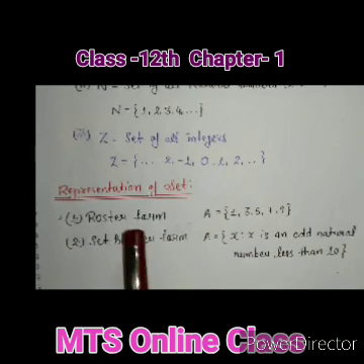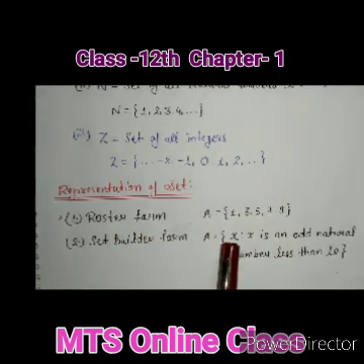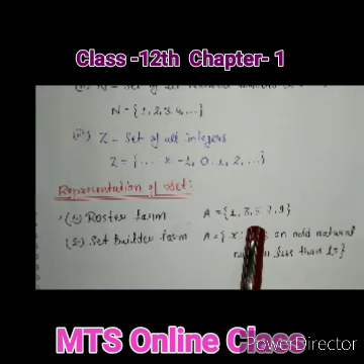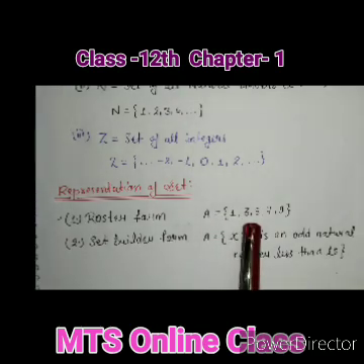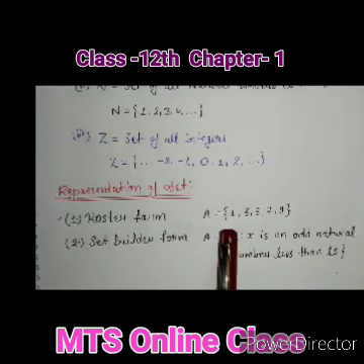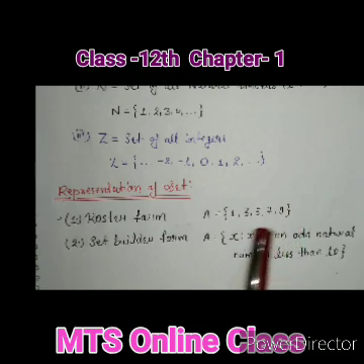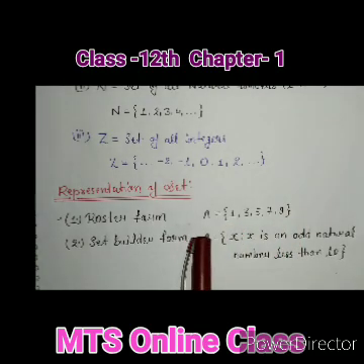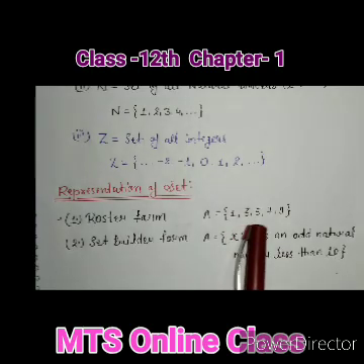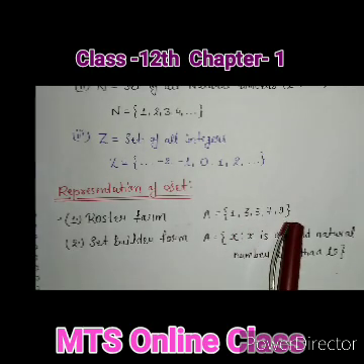In roster form, all the elements of the set are listed, separated by commas and enclosed within brackets. For example, A is equal to 1, 3, 5, 7, 9.